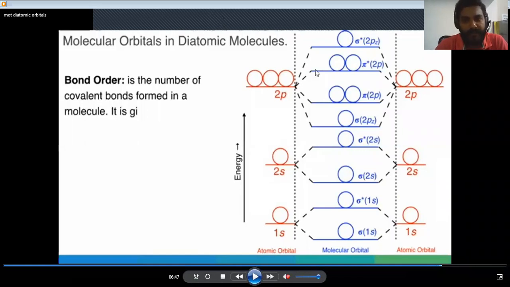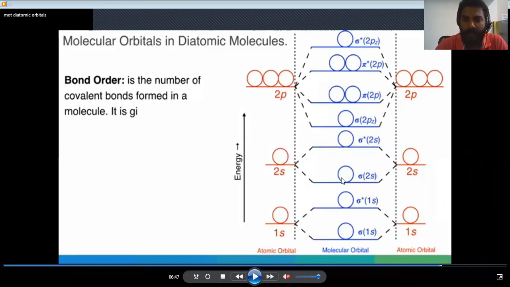Here 2 atoms are there, O plus O, O2. On this side, same thing. We can write like this: 1s2, 2s2, 2p4. One electron from this side, one electron from this side, fill in.